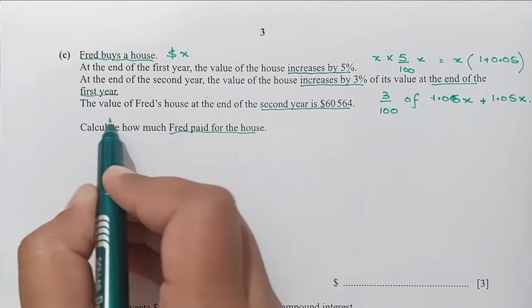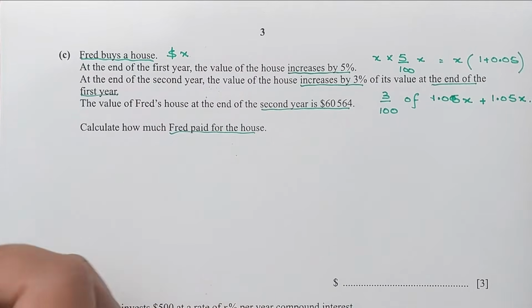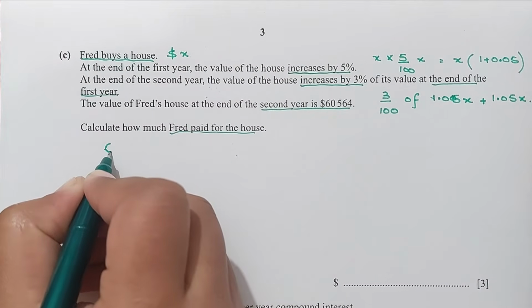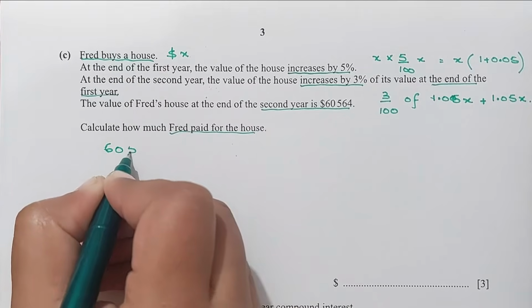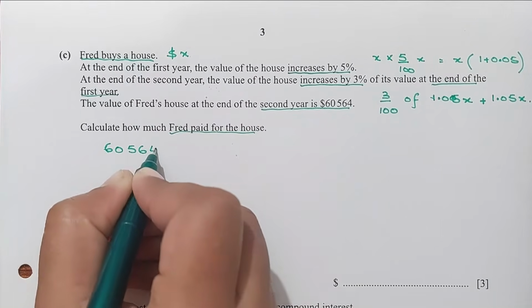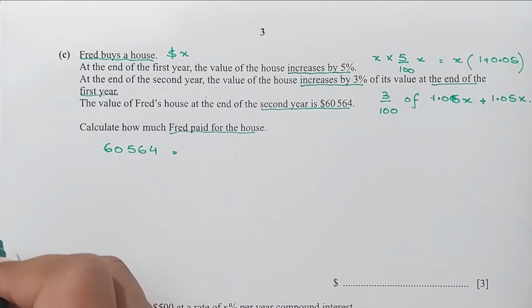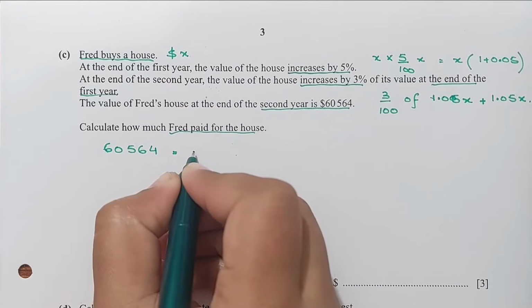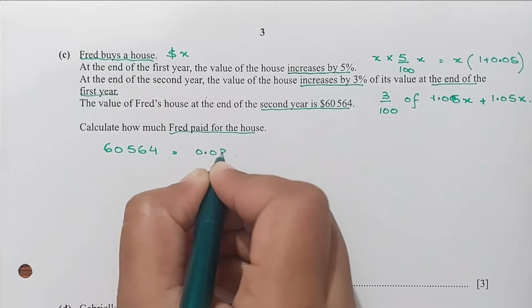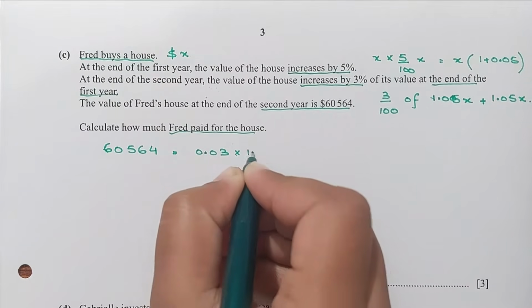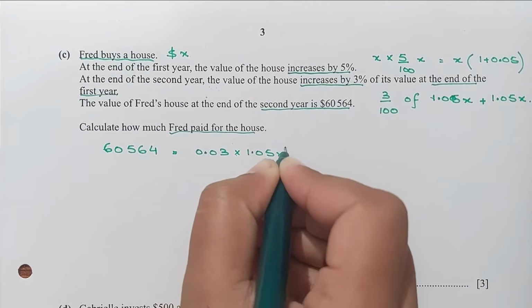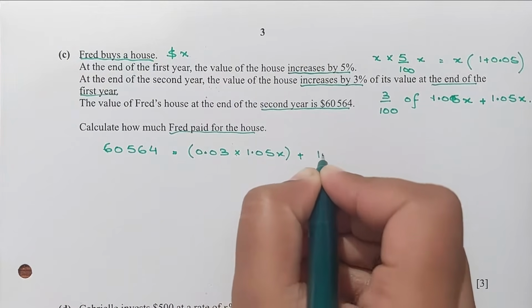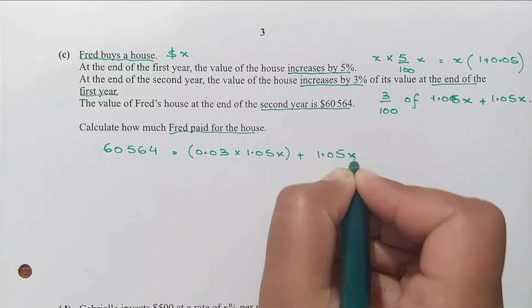Okay, now we have to calculate the value of x. This is given, right? So at the end of the second year, we have the value 60,564. This should equal 3%, which is 0.03 times 1.05x, plus 1.05x.